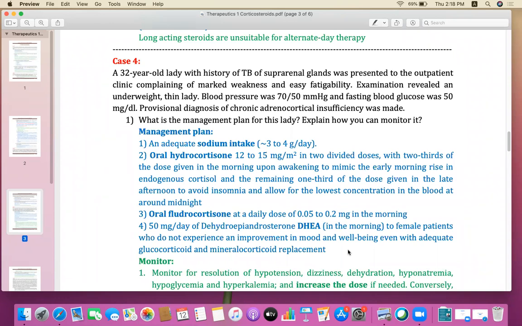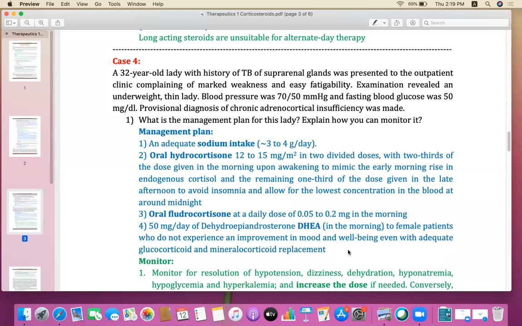Provisional diagnosis of chronic adrenocortical insufficiency was made. What is the management plan for this lady, and explain how can you monitor it?